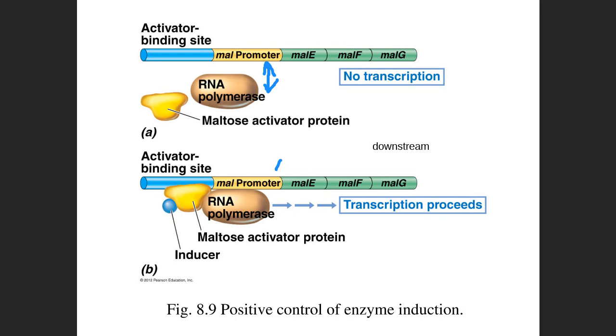Okay, so we use these two terms, upstream and downstream, to describe relative position. We use the stream as an analogy of the direction of the transcription, because water in a stream only goes in one direction, right?